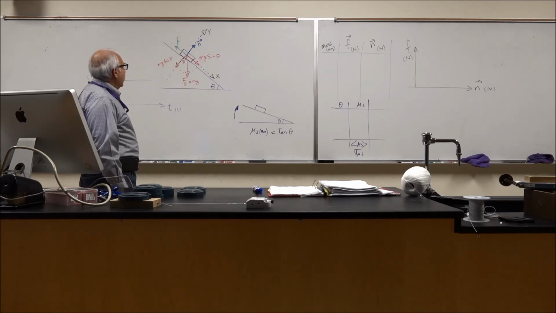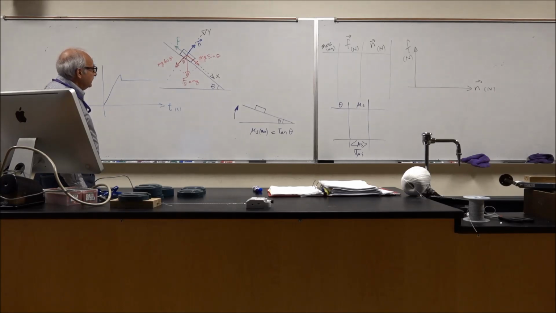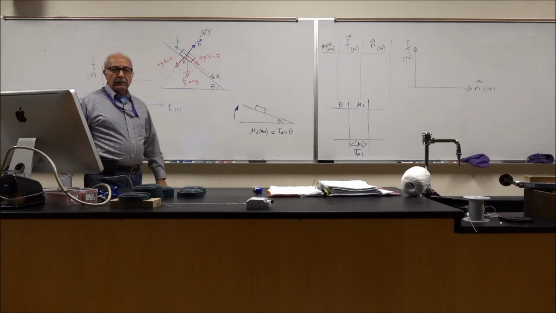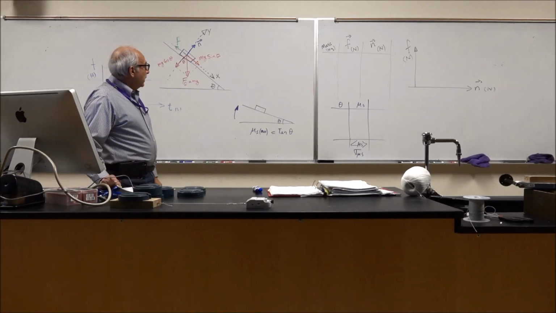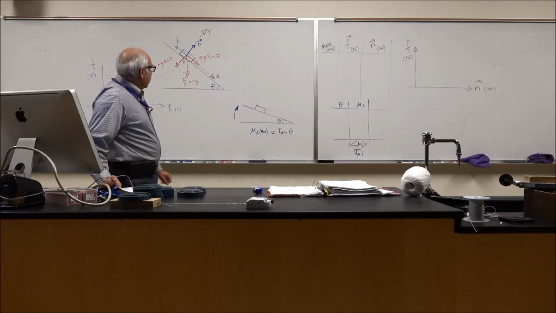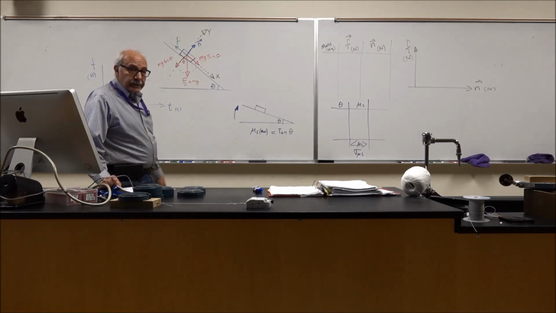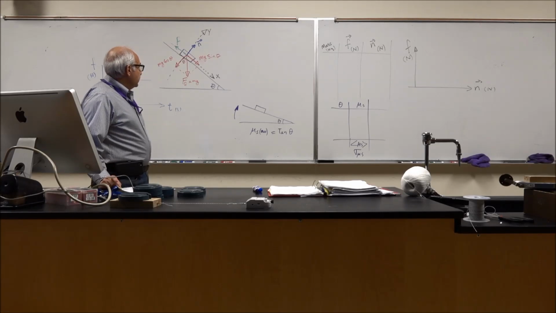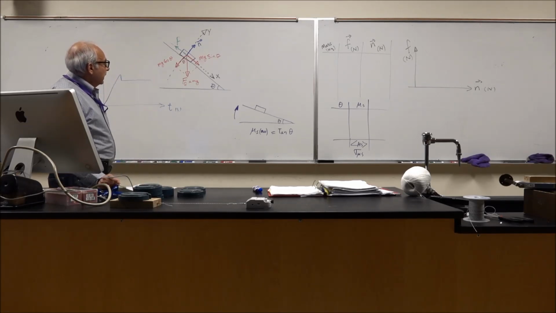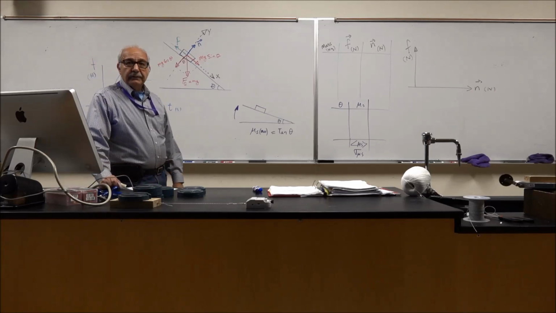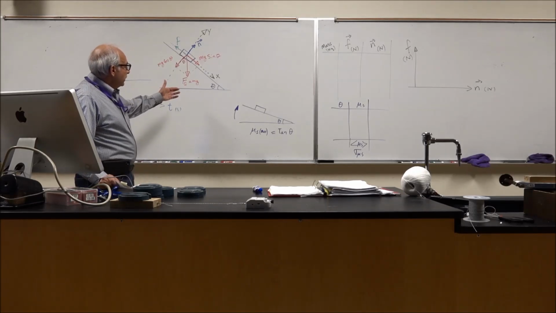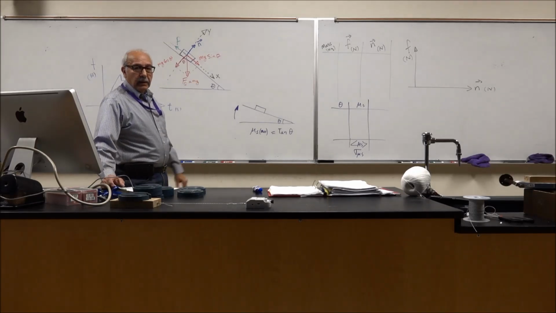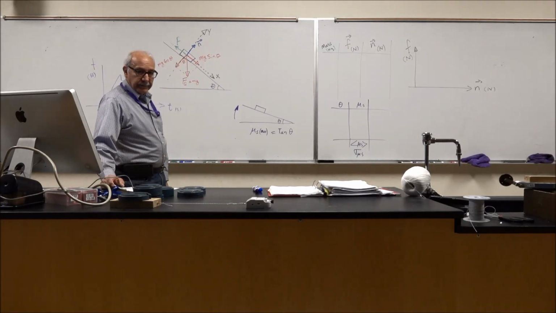The pre-lab portion is basically a block on an inclined surface with the angle theta, and we are going to find out what forces are acting on that block. We are going to draw the free body diagram and analyze all the forces, and from that we can find the coefficient of static friction in terms of the angle theta of this inclined surface.